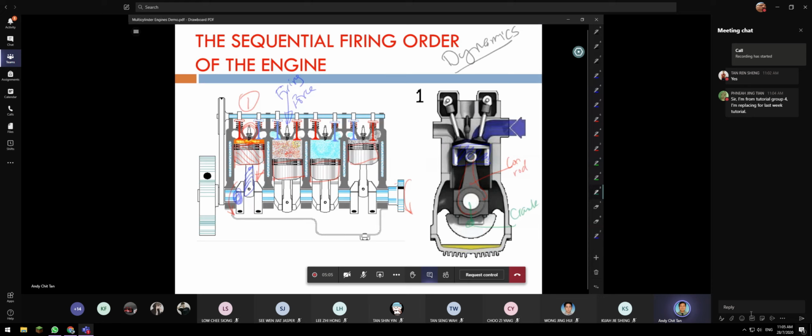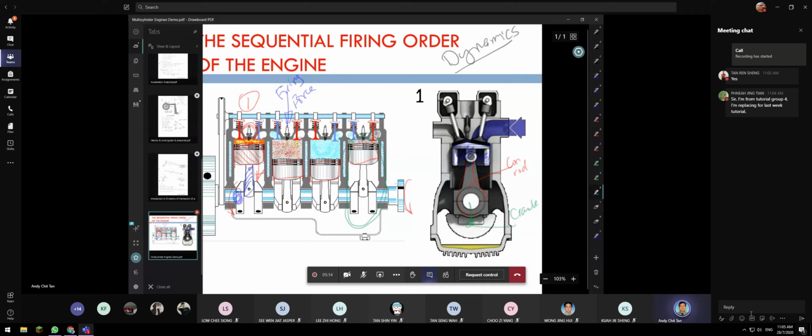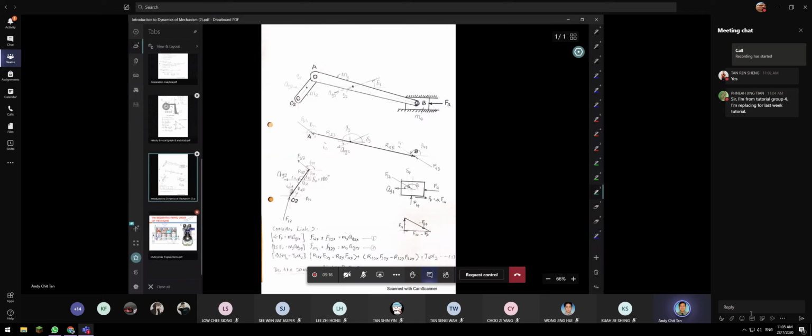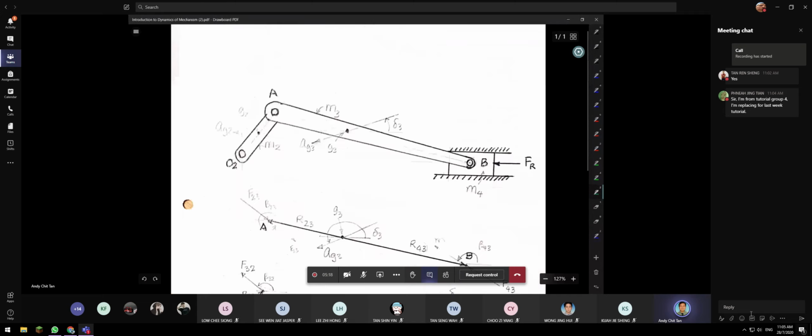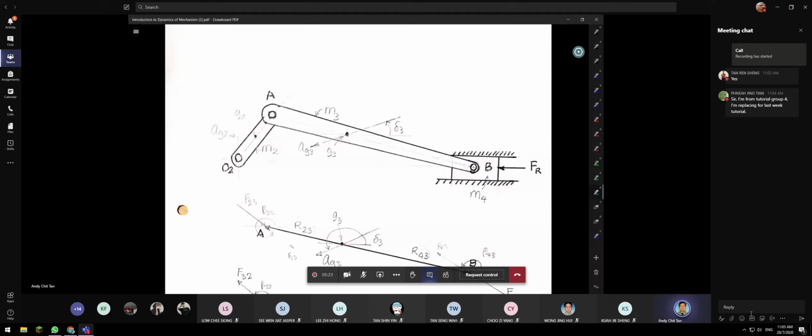All right. Okay, now I would like to focus on one of the cylinders here. All right, and draw a schematic diagram. Okay, so this is the schematic diagram, but now it's in horizontal direction. Okay, so when we have a force impinging on the piston, this is your piston.